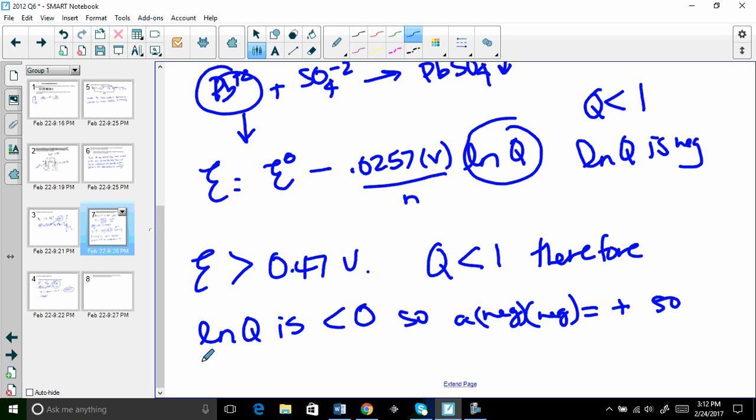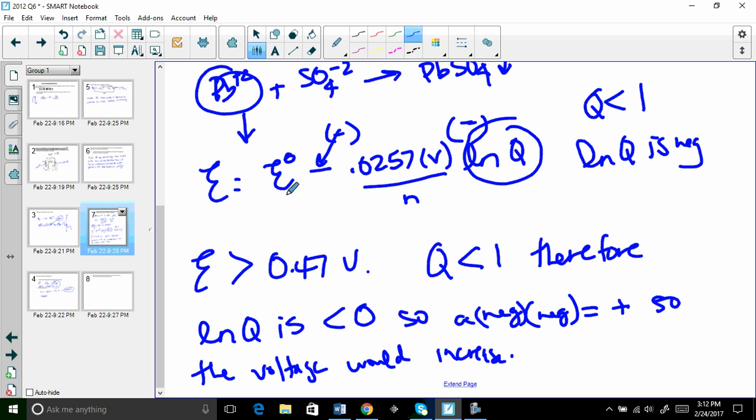So the voltage would increase. So here's the deal. This is negative. This is obviously negative. So it's going to be 0.47 plus some number, which means it's going to be bigger than 0.47. You don't need to calculate the number anymore. You just have to know that it's bigger than 0.47.